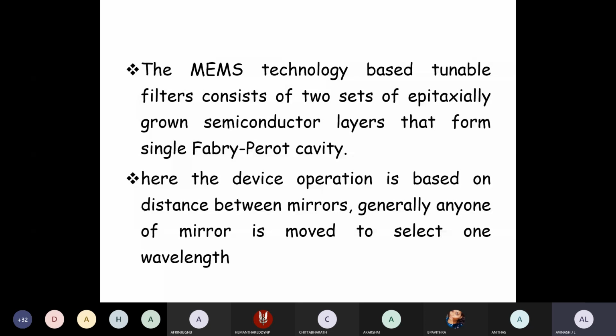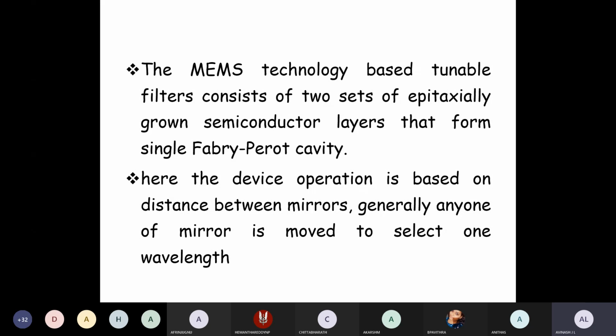If you keep the mirrors in a very near position, the to and fro motion will be fast, so the frequency will be very high. When the frequency is very high, the wavelength will come down. Okay, so that is exactly the concept here.